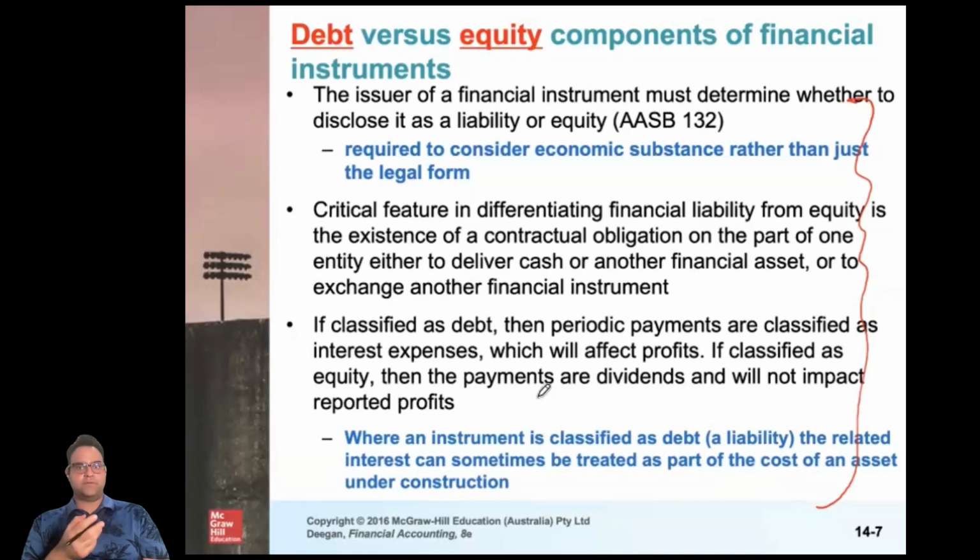However, once the profit has been declared, then we have to give a dividend on that profit, which will eventually affect your overall profit, because a dividend is a part of the profit which we give to the shareholders. So these are two different components of the financial statement. One is debt, one is equity. Debt is affecting profit, equity is not affecting profit. And this is a summary of this slide.